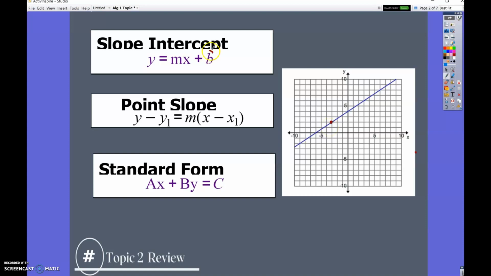If you were to make a slope-intercept graph equation, you would want to know the y-intercept for sure and the slope. If you were going to use point slope, of course you'd want to know a slope and any point on the line. Remember, the point would come from this x value and this y value.